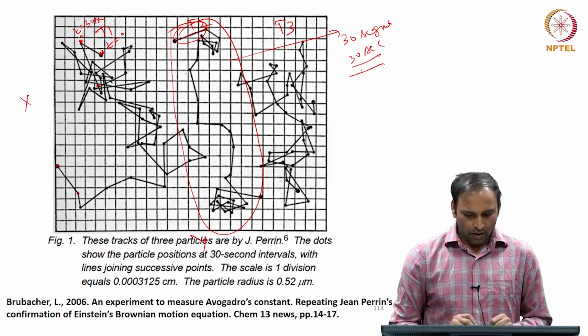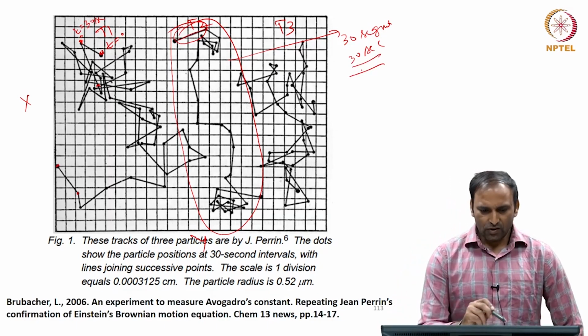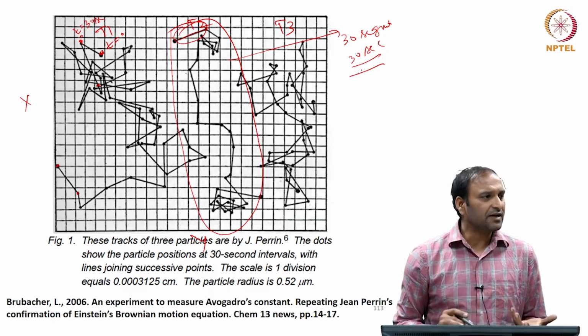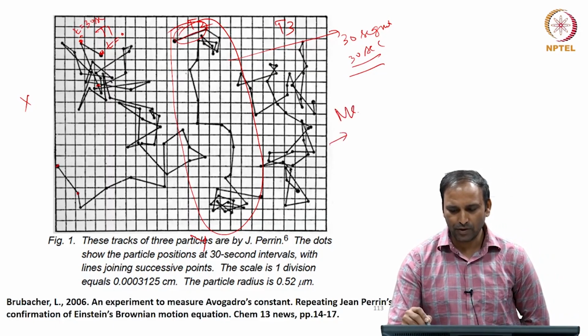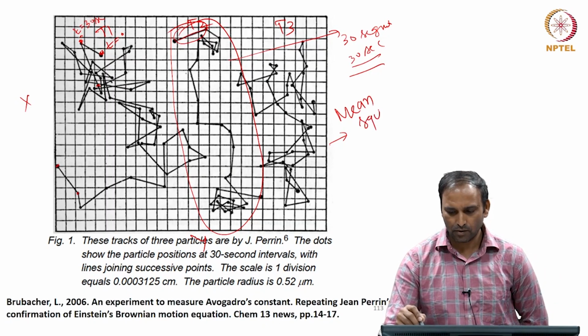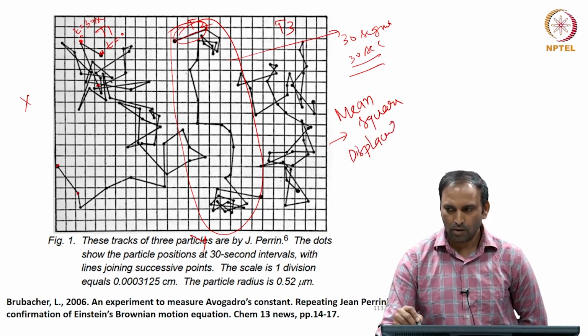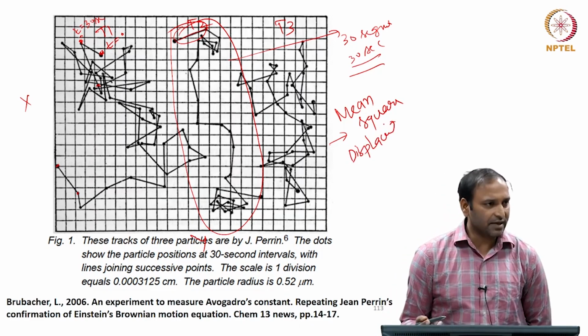Now, if I have a figure like this, let us say that I want to calculate what is called the mean square displacement. I can do that from an image like this.